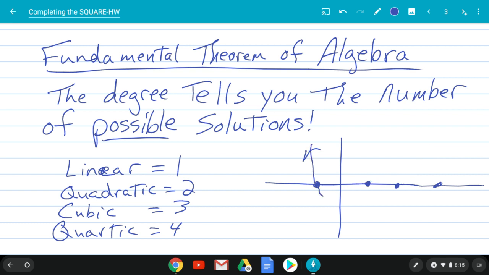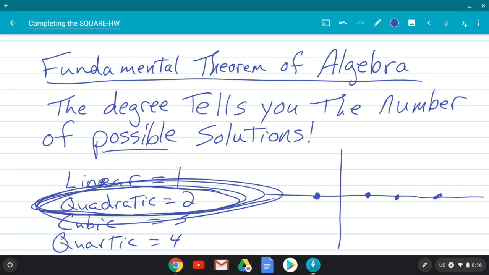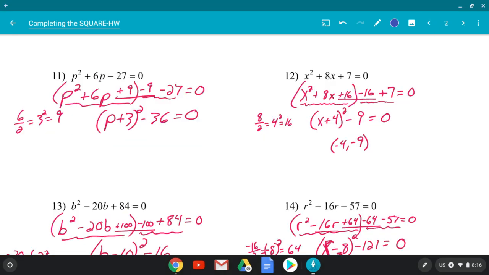Could I have a quartic that looks like this? How many solutions does it have? This is the fundamental theorem of algebra. It says whatever your degree is, that's the total number of possible solutions you can have. Cool? So we're dealing with quadratics. So we always got to be looking for how many solutions? 2. Okay, we're always looking for 2 solutions.